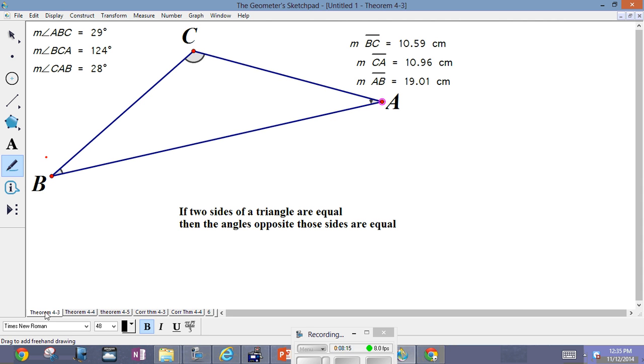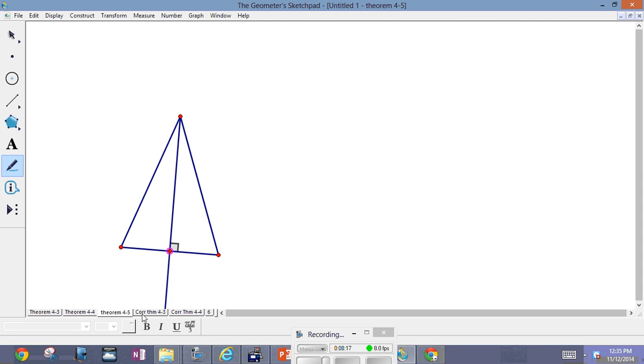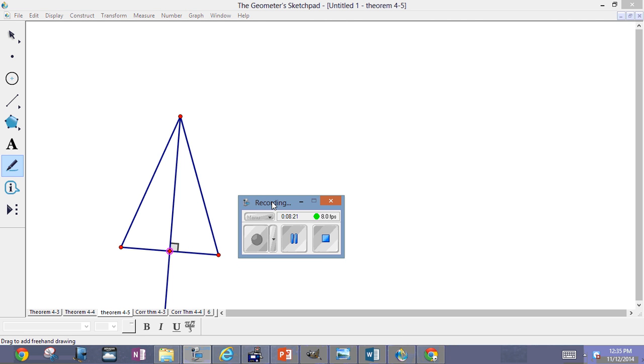So you have theorem 4.3, 4.4, 4.5, and with this one, you just want to write why it's working. Have that, and submit that as assignment number 14. Yes, 14. Okay, that's it.